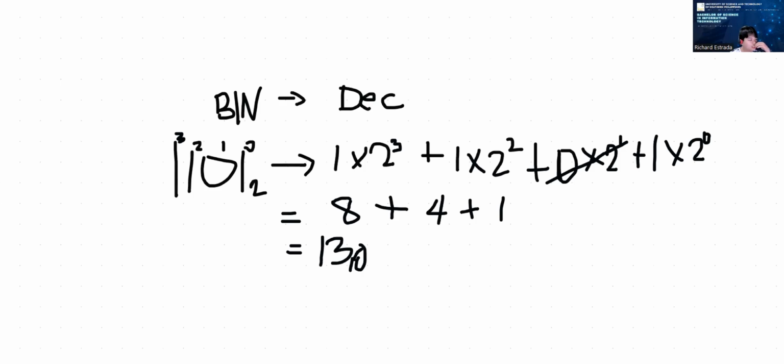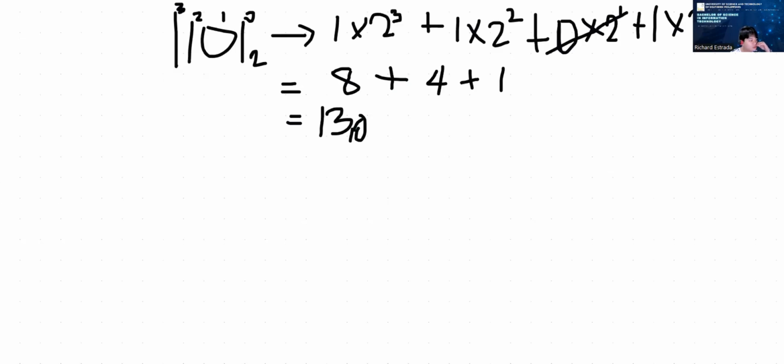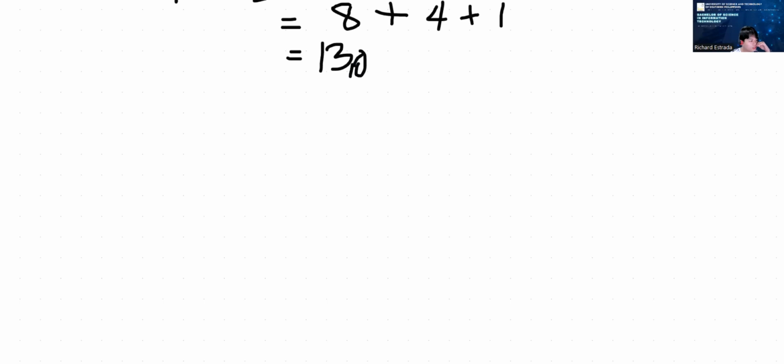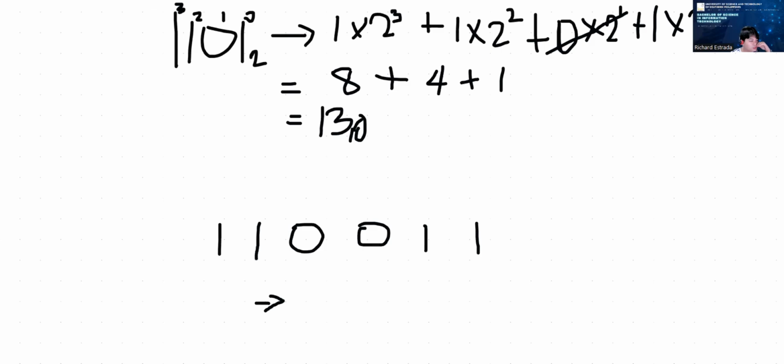Or actually, there is a shortcut, guys. Let us say, for example, I'm going to give you 11001, and so on. In order to convert this, you have to remember this. It's the same calculation, just a shortcut. Always start with 1.